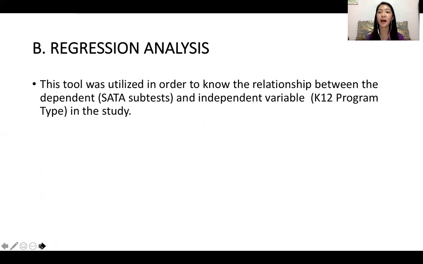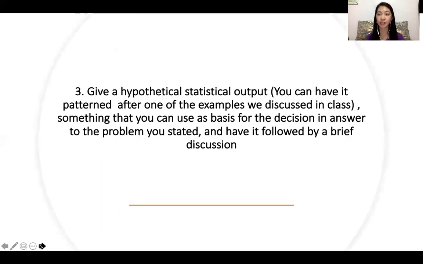And the second statistical tool that I've utilized in the study is the regression analysis. This tool was utilized in order to know the relationship between the dependent variable and the independent variable in the study.